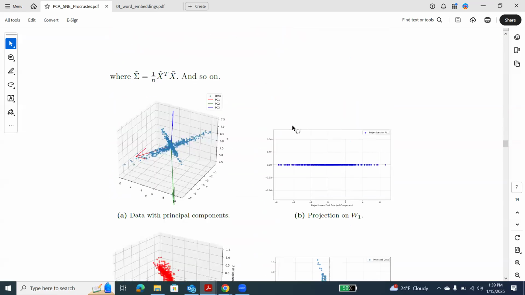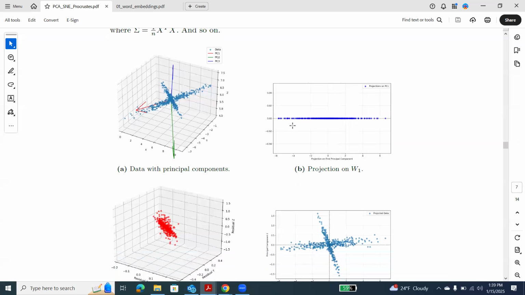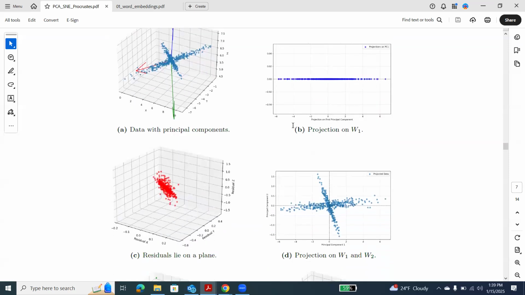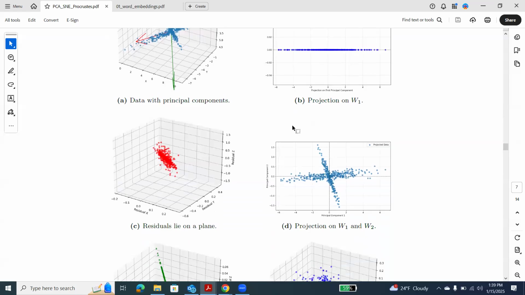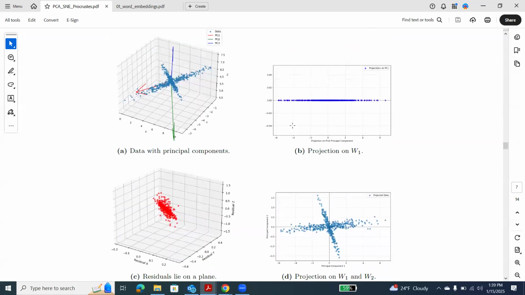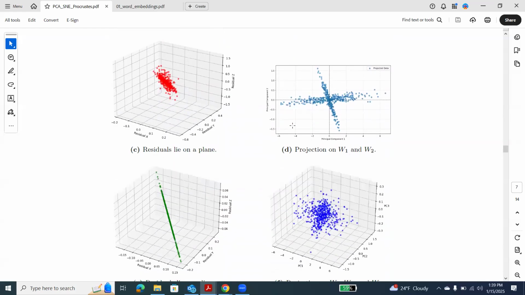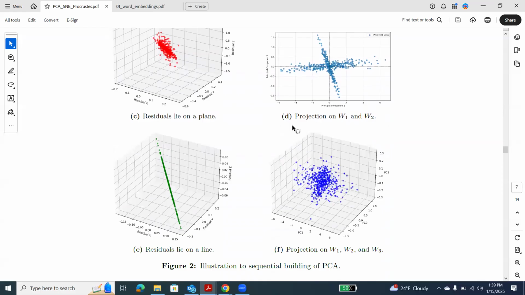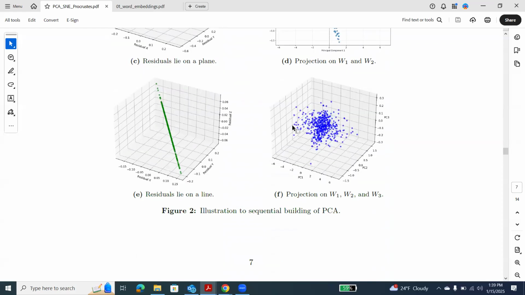Here are some illustrations. If we project this cross in one dimension and subtract it, we will get the plane, the residual will be two-dimensional. Then we can project to two-dimensional space. If we subtract this from our data, residuals will be one-dimensional, and finally we can project to three-dimensional space without any losses.